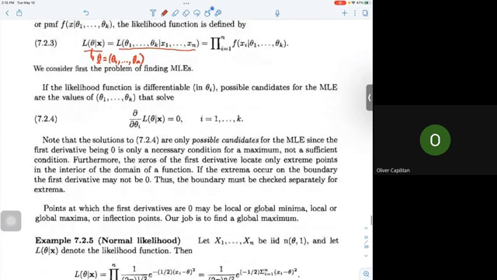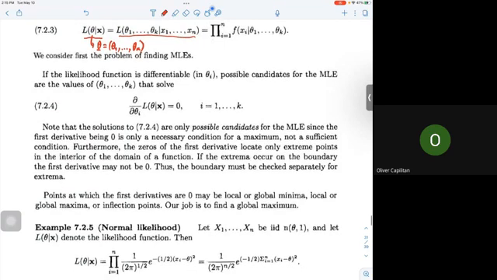So if we're going to determine the maximum likelihood estimators of our parameters theta sub 1 up to theta sub k, if the likelihood function is differentiable in theta sub i, then the possible candidates for the maximum likelihood estimate are the values of theta 1 up to theta sub k that solve equation 7.2.4. So we have here the partial derivative of our likelihood function of theta given x with respect to theta sub i equal to 0, i from 1 up to k.